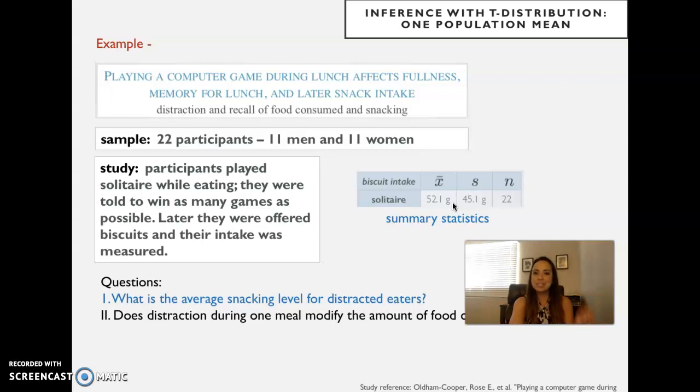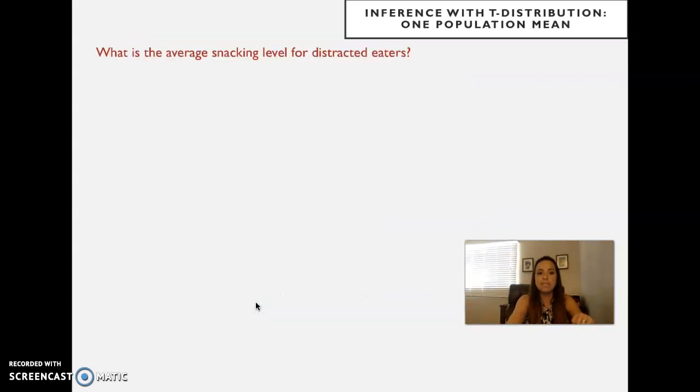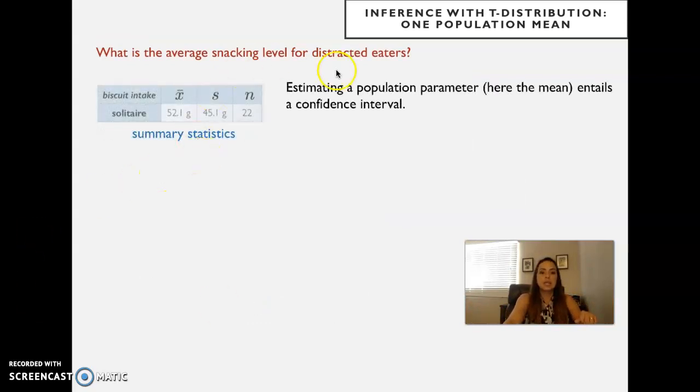So what can we do in addition to a point estimate to answer question 1? Compute a confidence interval around it, right? So what is the average snacking level? Estimating a population parameter, here the mean, entails also a confidence interval. We could throw a net to increase our confidence in the estimation of that parameter in the population from sample data.